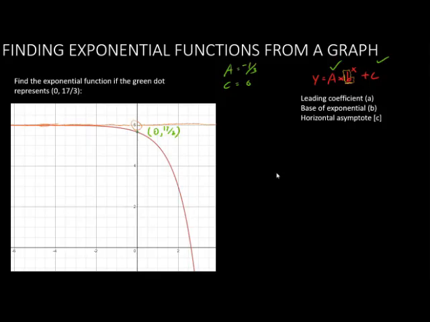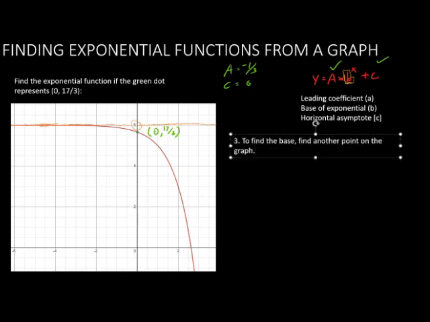To find the base of the exponential, we'll have to look elsewhere on the graph and pick another point, hopefully one that is easy to read. In this graph, you have a couple of decent options. I'm going to mark two of the points that are easy to read. The first green dot I marked has a coordinate of 1, 5, x value 1, y value of 5.